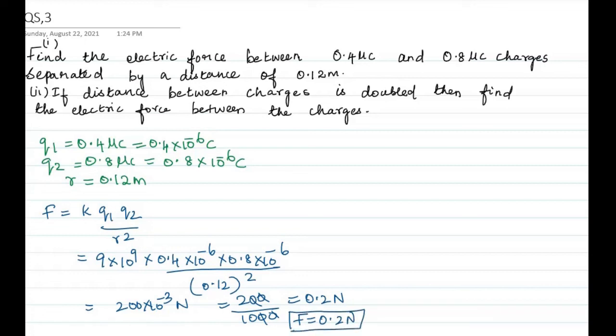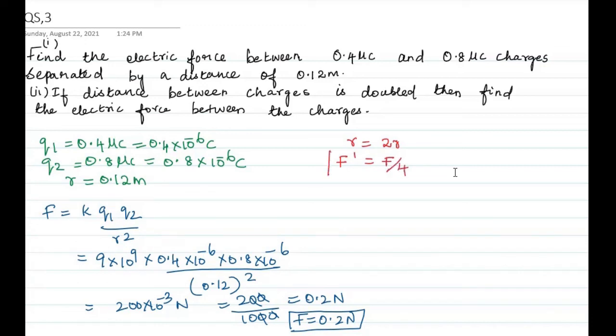Now the second subdivision is, the distance between the charges is doubled, then find the electric force between them. Distance is double, so R has increased to 2R. From the previous problem, when the distance is doubled, the new force F dash is equal to F by 4.